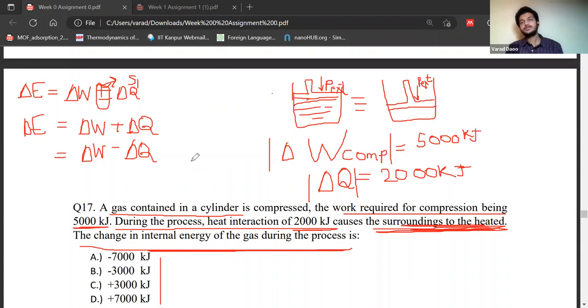Anybody has any questions? The question is clear to everyone, right? So, what is the correct answer? Anybody would like to try?